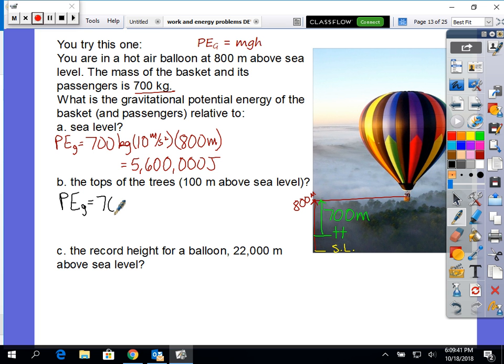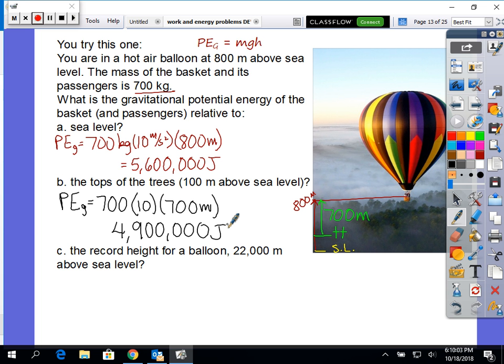It's 700 kilograms times 10 times 700 meters, and that gives us a slightly smaller number, 4.9 million, or 4,900,000 joules. Both of those are positive numbers.